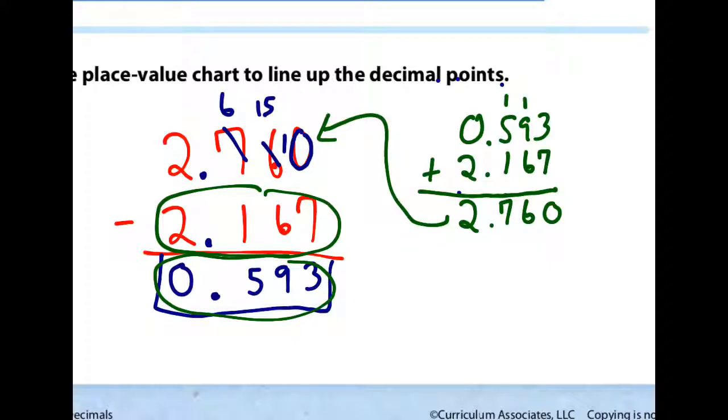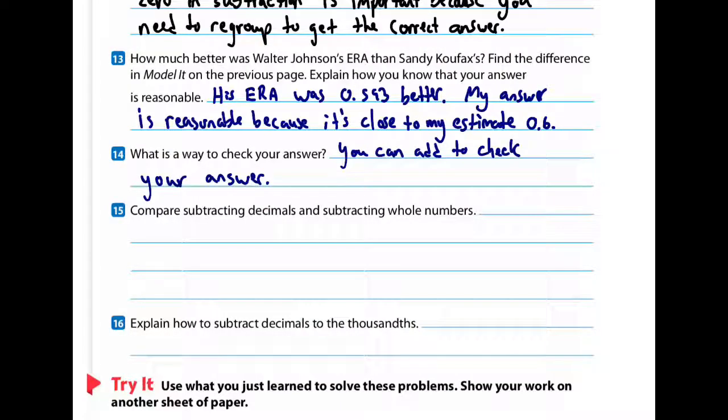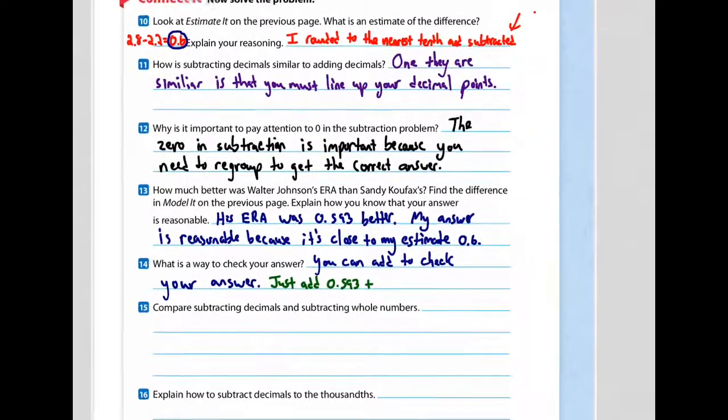Okay, so now I'm just going to explain what I just did here. So you can add to check your answer. Just add 0.593 plus, I forget the numbers now.